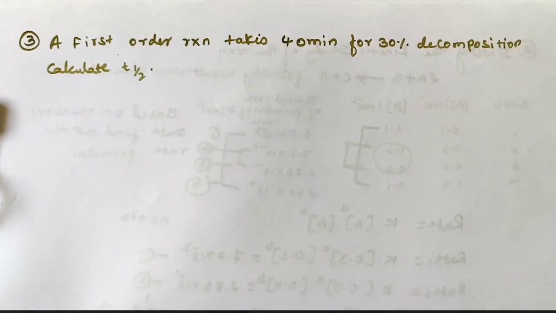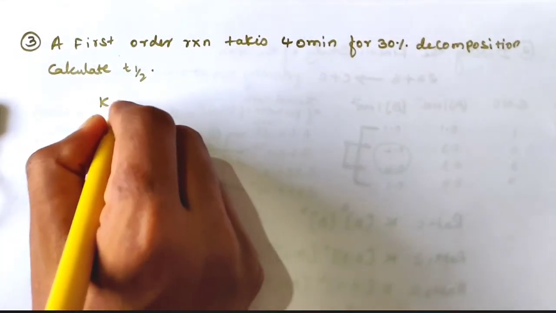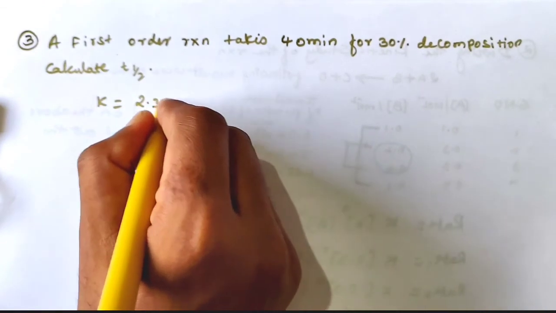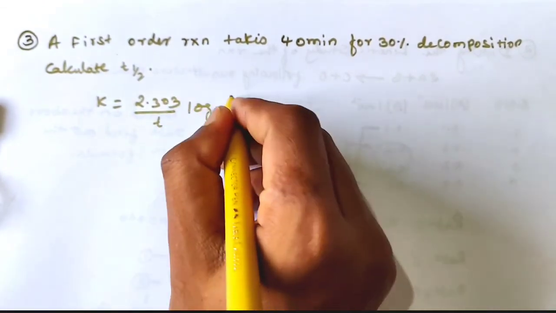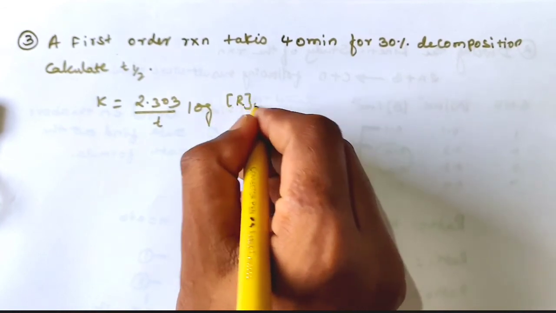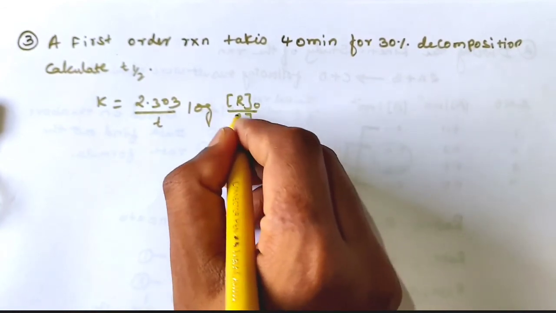Third question is, a first order reaction takes 40 minutes for 30% decomposition. We need to calculate the t half. Since it is a first order reaction, we know the formula for k. k is equal to 2.303 upon t, log initial concentration upon final concentration.